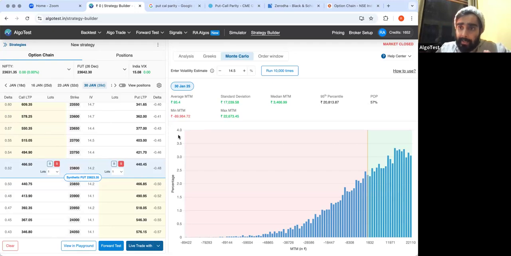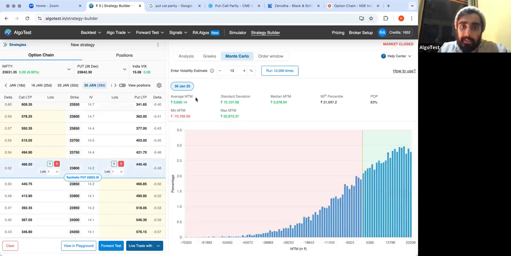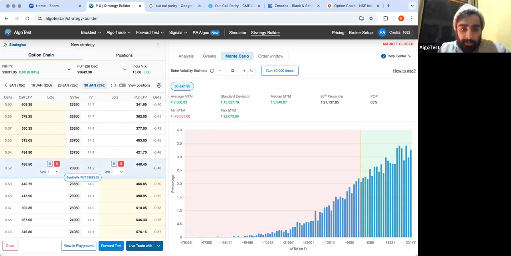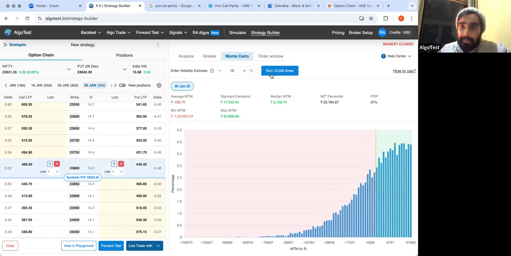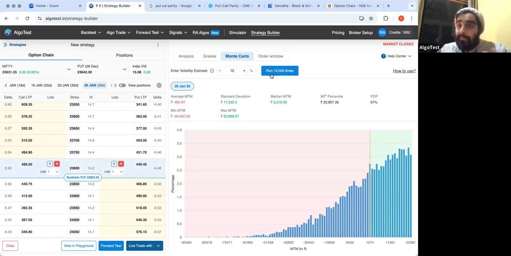We know that our PNL is driven by these two magic numbers, IV and RV, right? We sold a straddle at a 14.2 IV. If RV is 13, we're going to make money. If RV is 15, we're going to lose money. We all understand that concept. We know what IV is now.